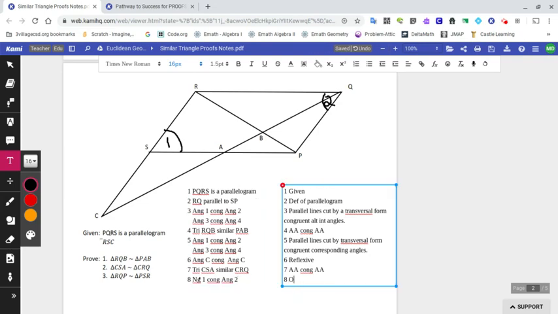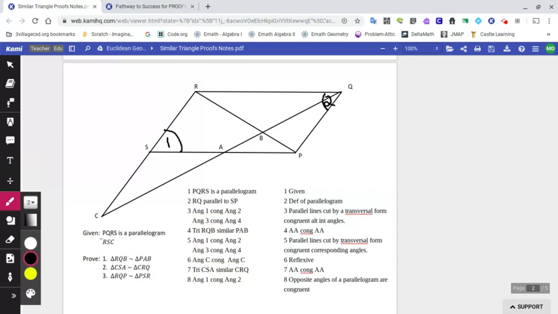Opposite angles of a parallelogram are congruent. So again, the only reason I'm showing you all 3 of these different sets of similar triangles is so I can show you the different ways that you can get the angles when there's a parallelogram. When you've got parallel lines, when you've got a parallelogram, you're using the properties of parallelograms. We're going to talk more about that tomorrow, but that is one angle that you can use. Angle 1 is congruent to angle 2.